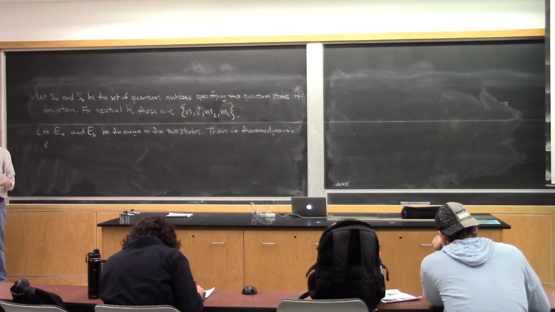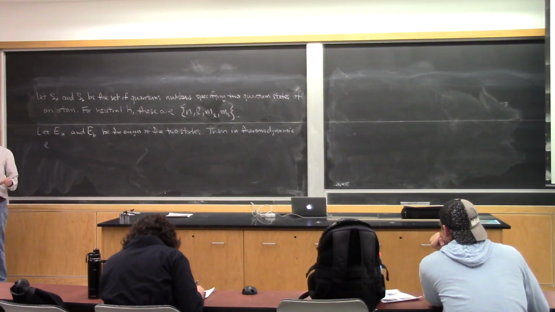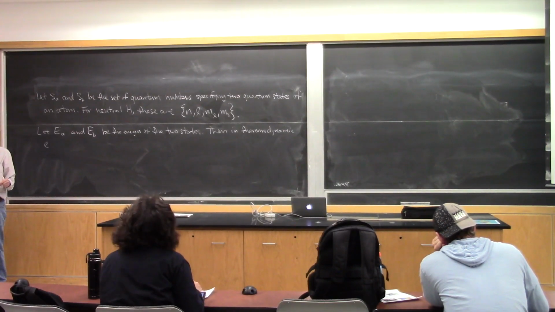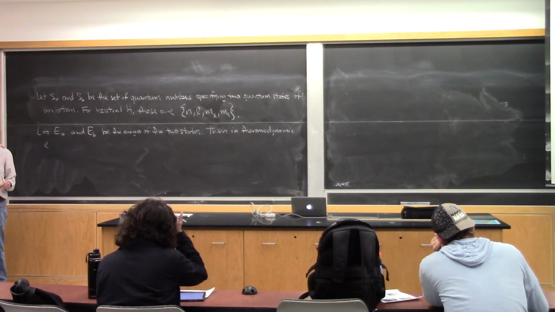But in thermodynamic equilibrium, the fraction of atoms in n equals 1, the fraction of atoms in n equals 2, and so forth, is staying constant with time, except for small statistical fluctuations.